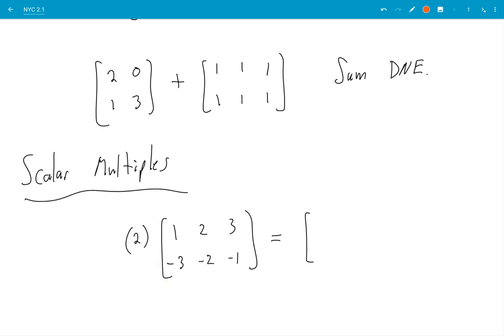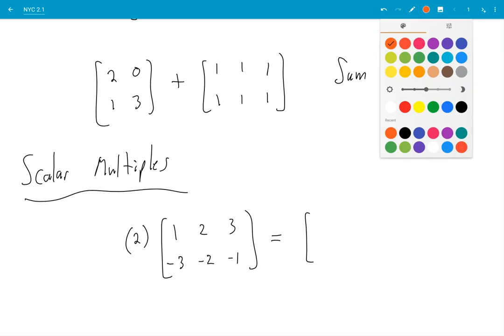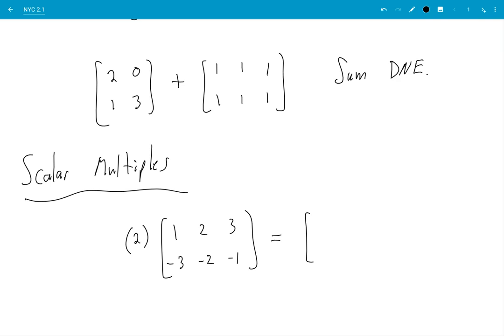Okay, we're going to call this a scalar multiple of the matrix. And we do the sort of obvious thing. We just multiply every entry by whatever that scalar is.